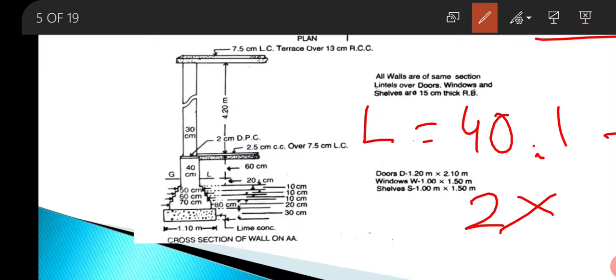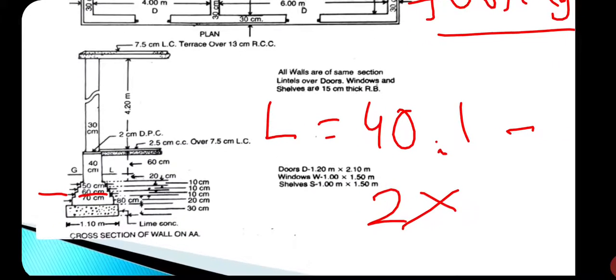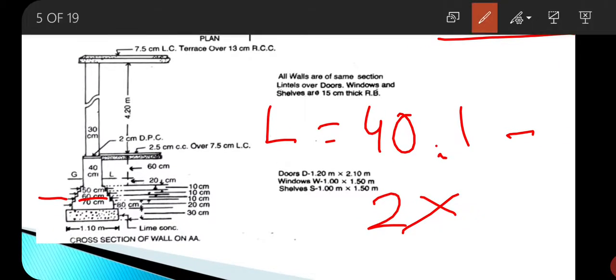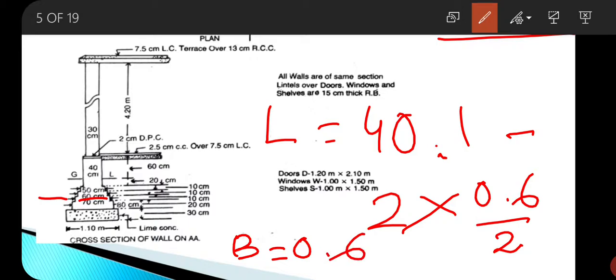This one is 60 centimeter. So 0.6 by 2. This will give us the length. Breadth is equal to 0.6, and what is the depth of the third footing? That is equal to 10 centimeter. Again 10. So this is 0.1 meter.